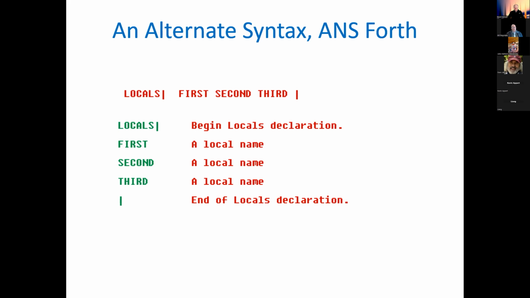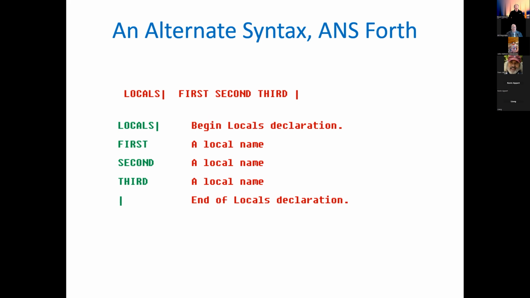So in this case, the compiling word is locals with a stick bar at the end. So locals bar says begin a declaration. There are 3 locals named. They are named first, second, and third. And then the stick bar at the end is the end of the parsing. So in this case, you have 3 values. They are all loaded from the stack, and there is no option for an uninitialized variable, although you can handle that quite easily, no problem.